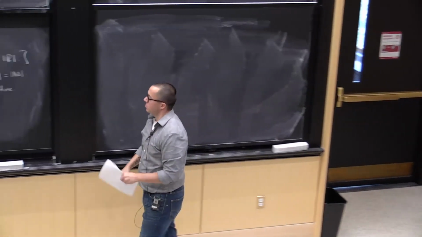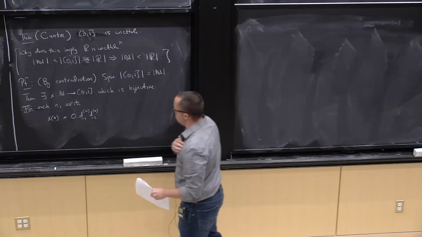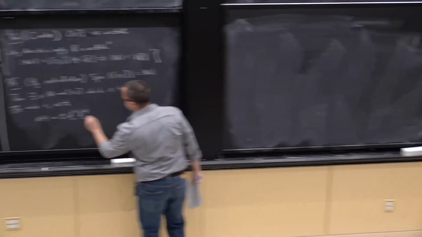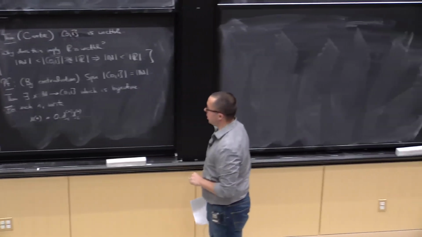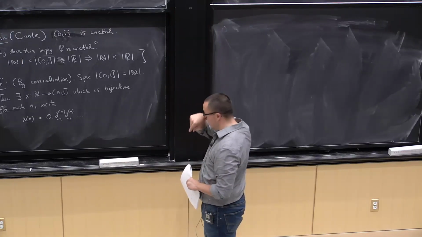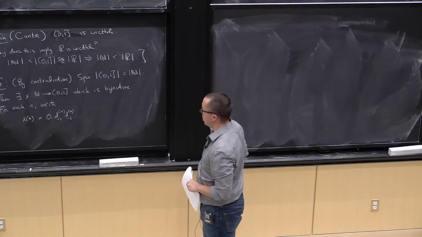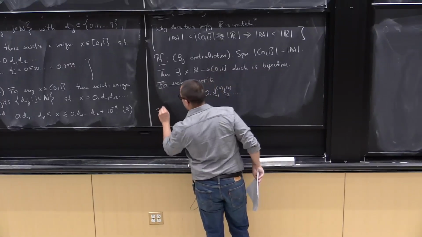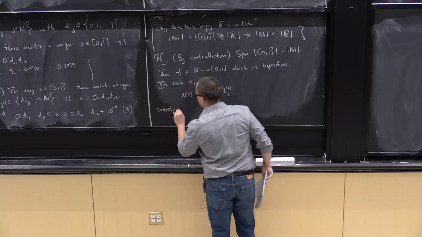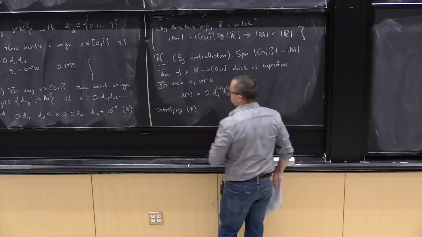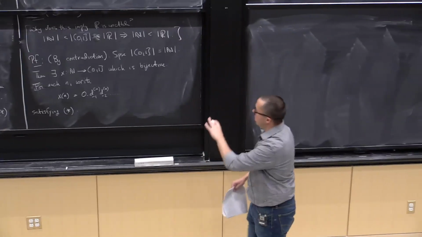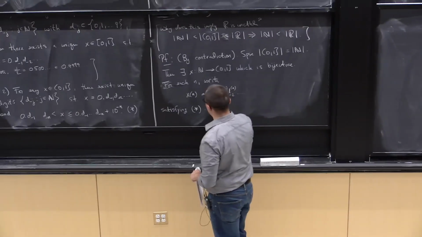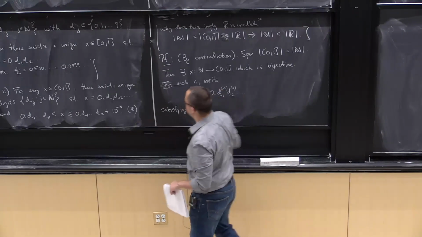Excuse me. At least I sheltered you from that sneeze by putting my hand over the microphone. The microphone's still on? Yeah. Okay. So for each n, we write each x of n in its decimal representation satisfying star. So each x in here can be written uniquely in a given decimal representation, satisfying this inequality here.